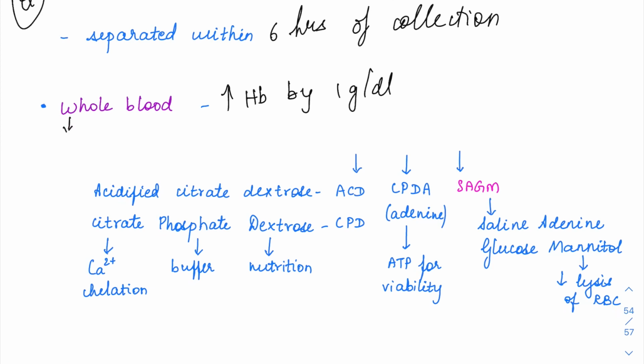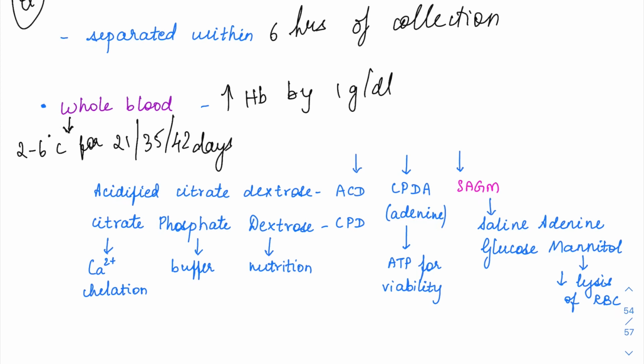And you have to store this whole blood at a temperature of 2 to 6 degrees Celsius. You can store it for 21 days, 35 days, or 42 days based on the anticoagulant present in it. Okay, so we have 4 basic kinds of additives and preservatives. The first one is ACD, second is CPD, then we have CPDA, and the third one is SAGM.